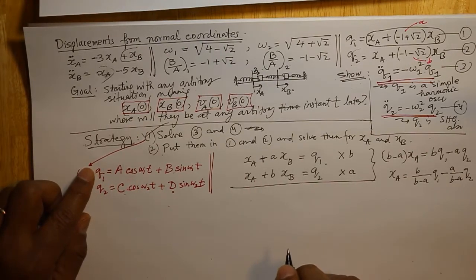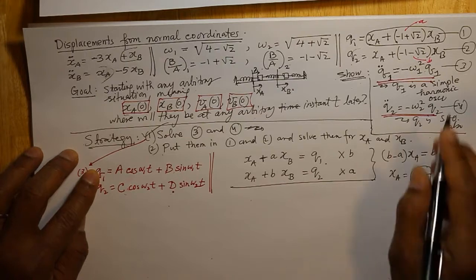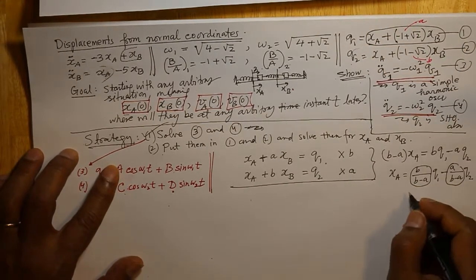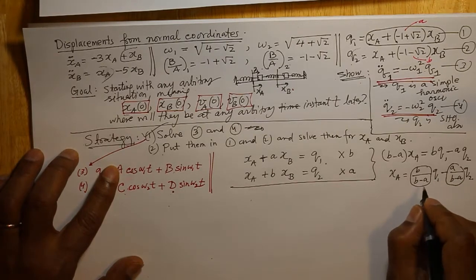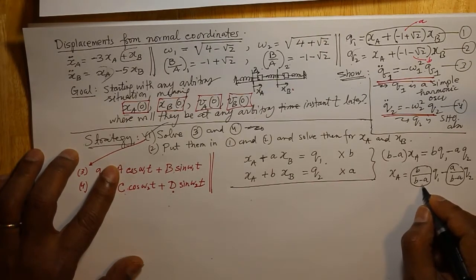Alright? So these are all known. These are going to have some values. I'm not going to worry about it. We might just call them by some other symbols, so alpha and beta maybe.